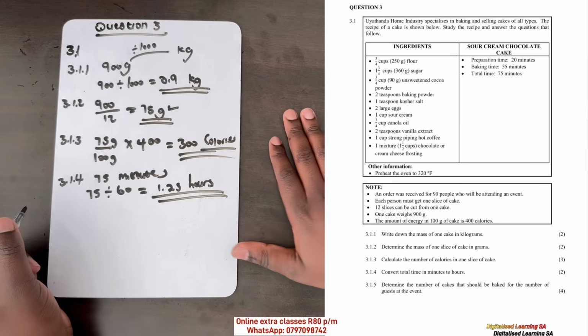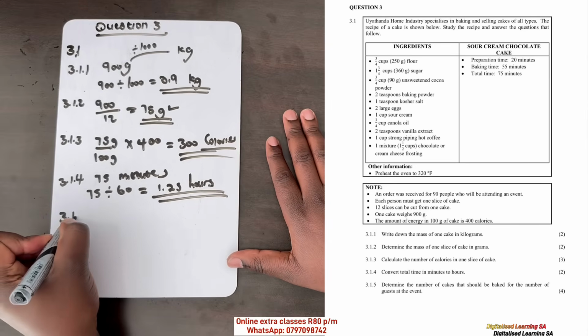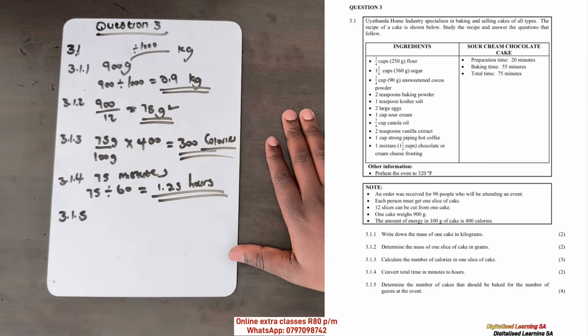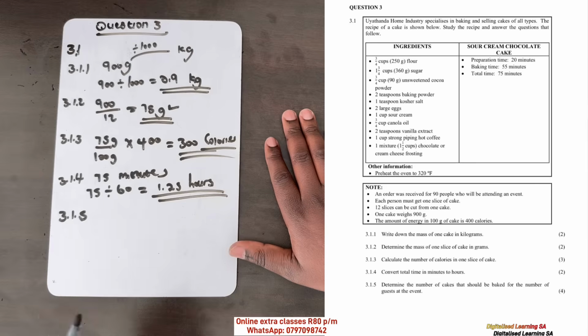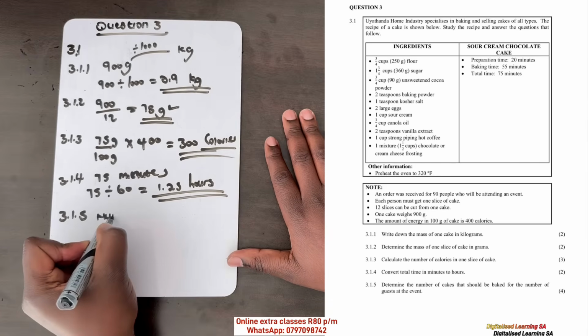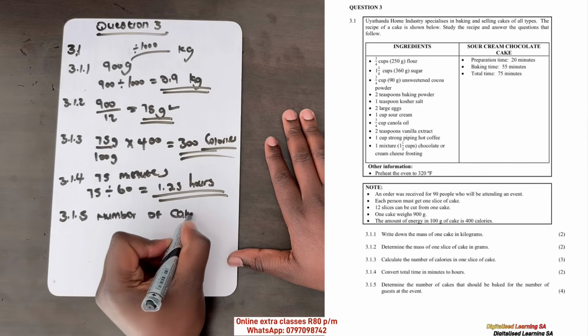So now let's move to the last question for question 3, which is question 3.1.5. Question 3.1.5 says determine the number of cakes that should be baked for the number of guests at the event. So we know that there are 90 guests. Remember, we need to determine the number of cakes.